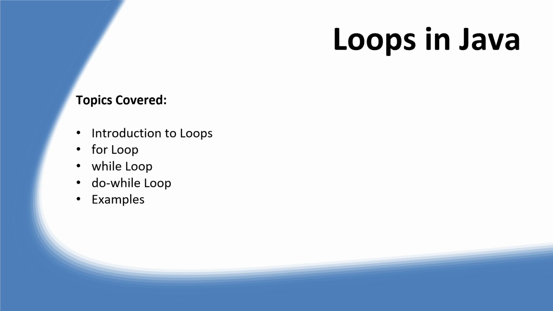In later videos, we will see the other two types, while and do while. In this video, we will dive deep into the for loop, with different examples to have better understanding and clarity.